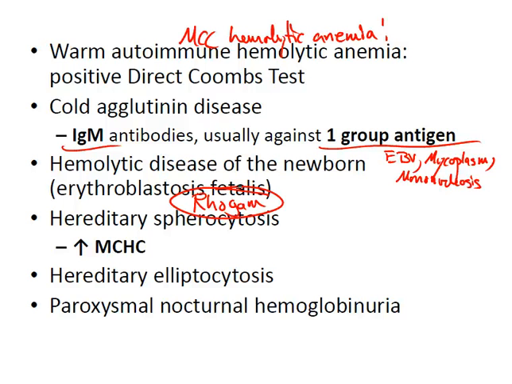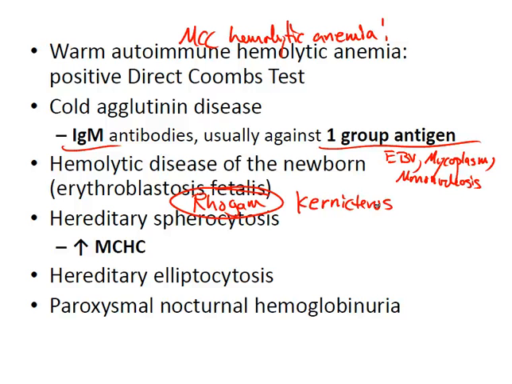Now, the hemoglobinemia from hemolysis can cause kernicterus, where there is deposition of lipid-soluble bilirubin in the basal ganglia, so you get permanent neurological damage. There's nothing you can do.